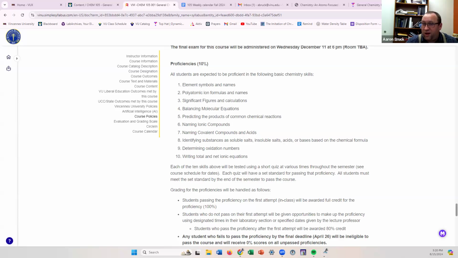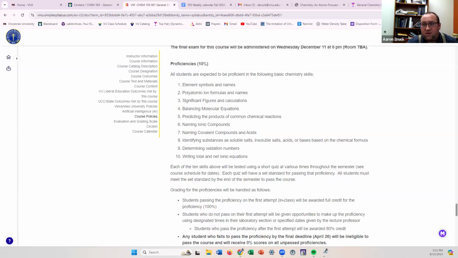If you don't know how to do ionic and net ionic equations, that information sails straight over your head. And you start Chem 106 at least a week or two behind, trying to catch up and figure out what you're missing while you're getting into all this other stuff that is new and different and probably not something you saw in high school.